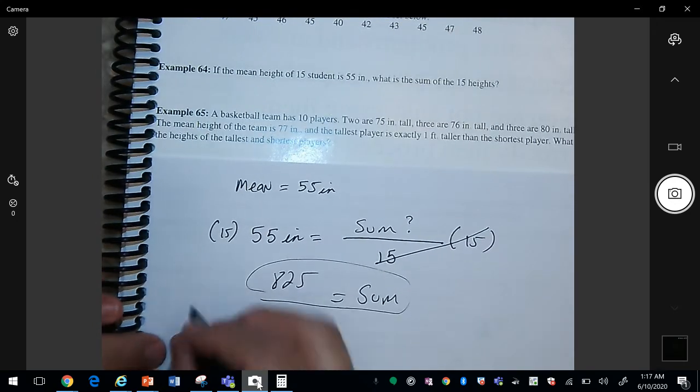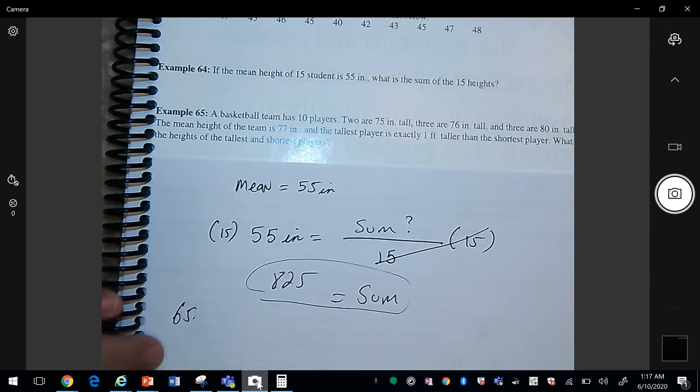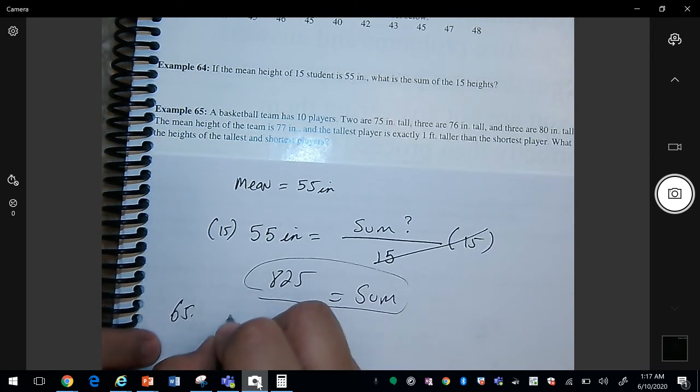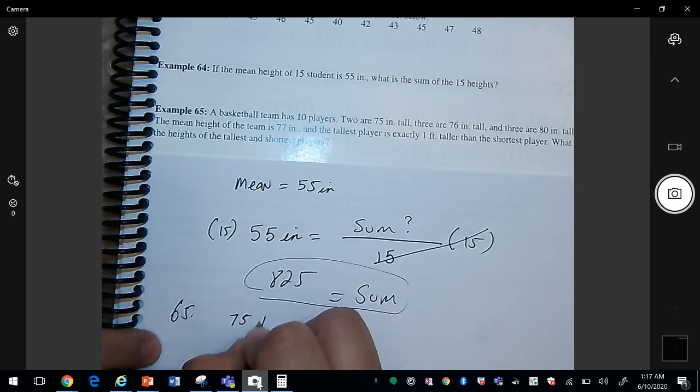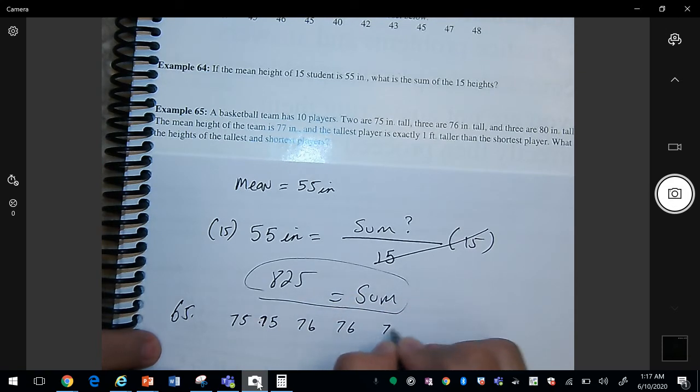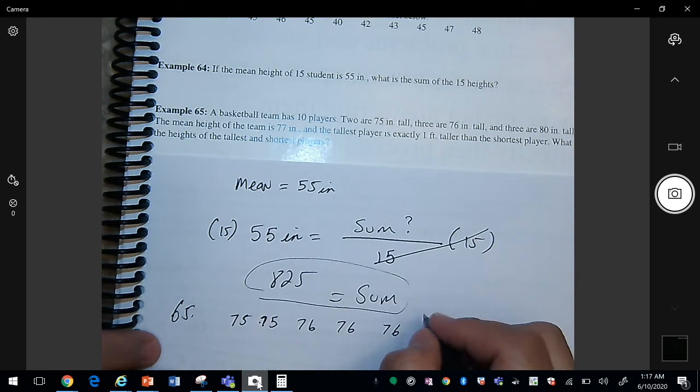Let's look at example 65. A basketball team has 10 players. 2 are 75 inches, so I'm going to write 75, 75. 3 are 76, and 3 are 80.